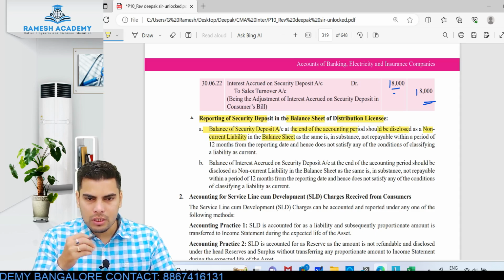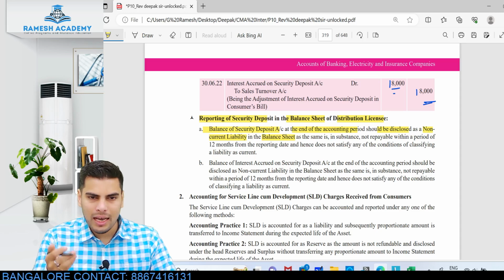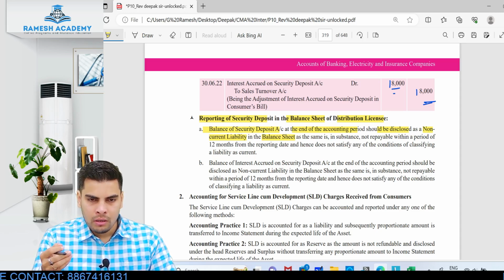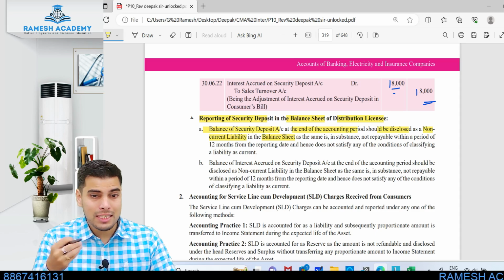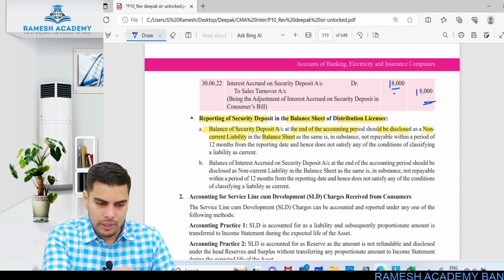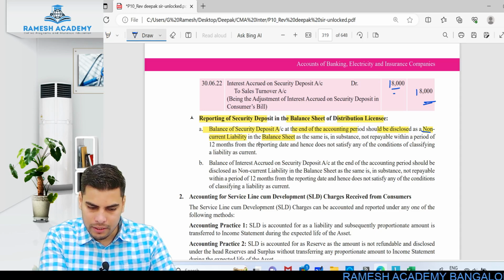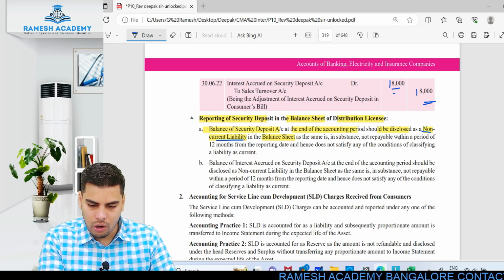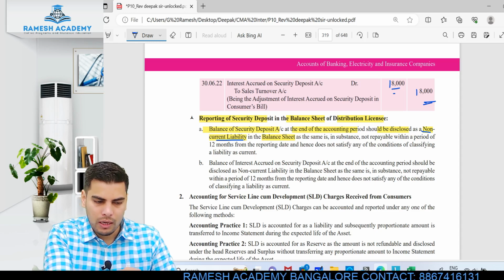Don't you think for this particular electricity company it is a liability? They'll have to refund this amount back, right? Along with this, they should also be paying some interest. So that is why whatever is the security deposit which is collected from the consumers, that would be a liability. So it will be shown as a non-current liability in the balance sheet, as the same is in substance non-repayable within a period of 12 months from the reporting date, and hence does not satisfy any of the conditions with respect to current liability.